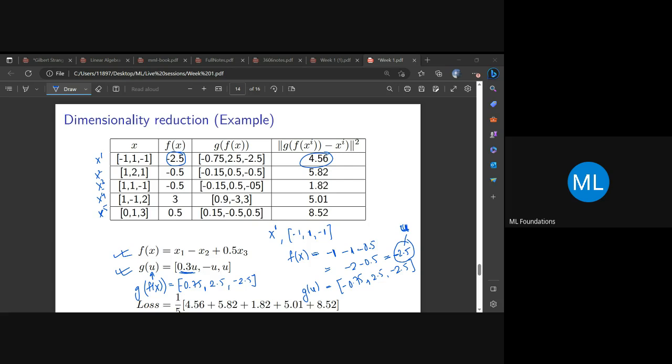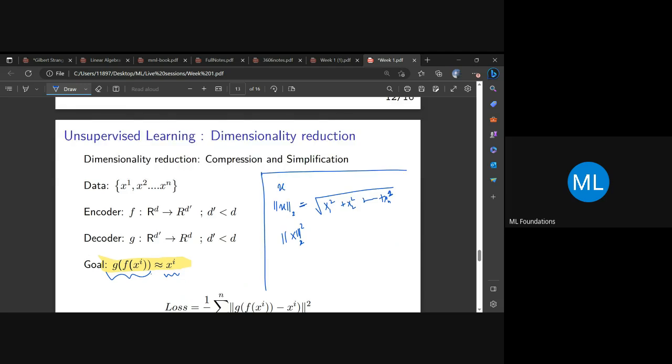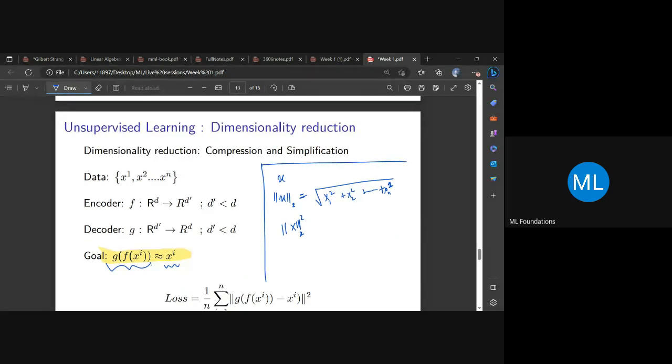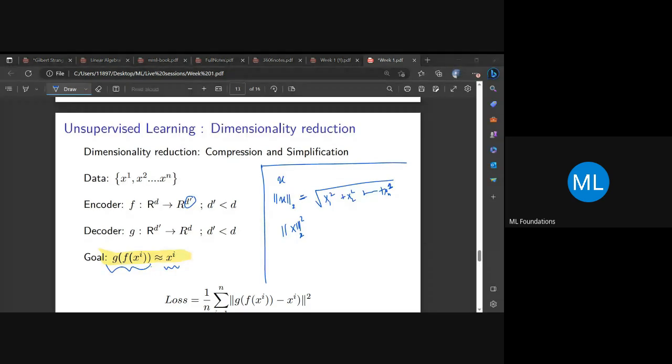So where is the dimensionality reduction happening? When you are encoding it, you are reducing the dimension. The way you have defined the encoder function, it should take the data set to a lesser dimension, right? So you see that this d dash here should be less than d.